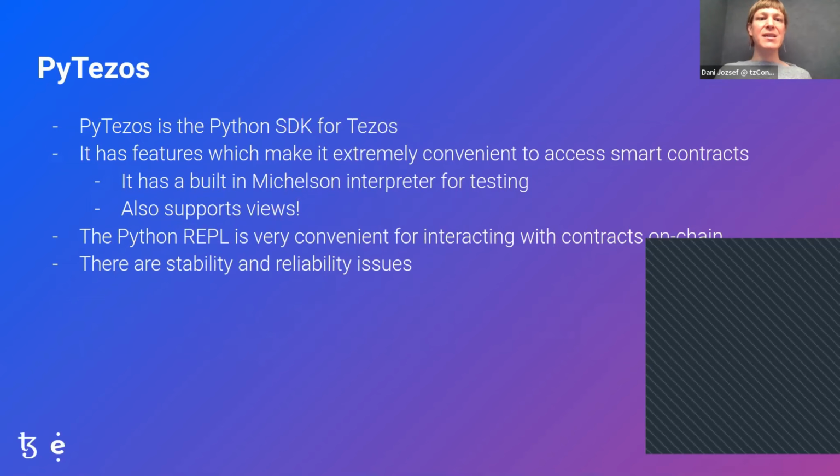But there are still some stability and reliability issues with PyTezos, even though it's constantly being worked on. So we would say that if you're building something for production, Taquito is the tool of choice. But PyTezos can be really useful to just do something quickly and in an interactive manner.